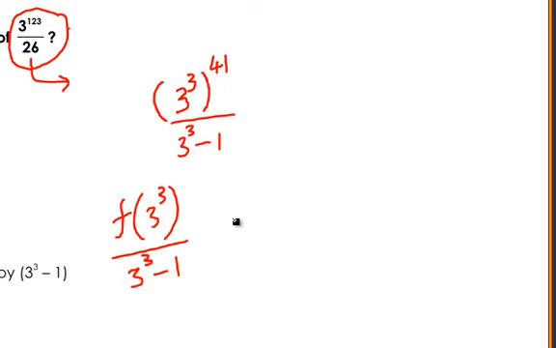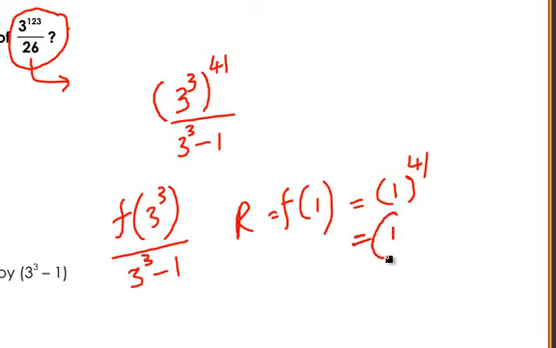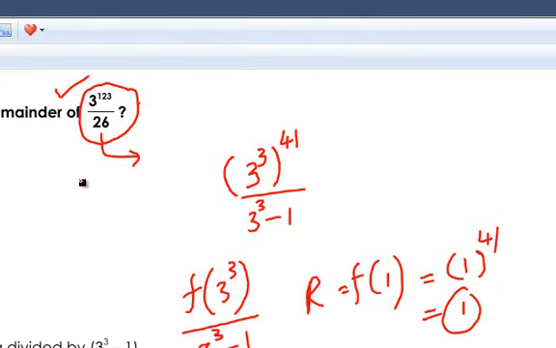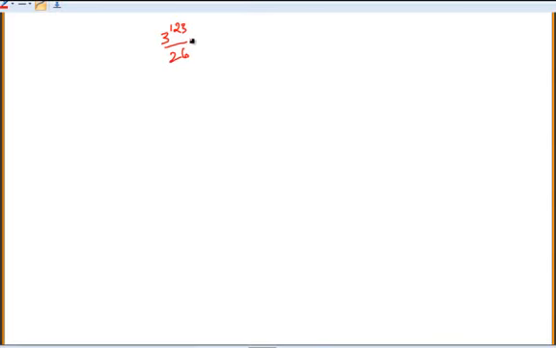And what would be the remainder? The remainder would be f of 1, which is 1 raised to 41, which is equal to 1. So the remainder of 3 raised to 123 by 26 is equal to 1. So we've seen how we can use the remainder theorem to find the remainder of this expression.